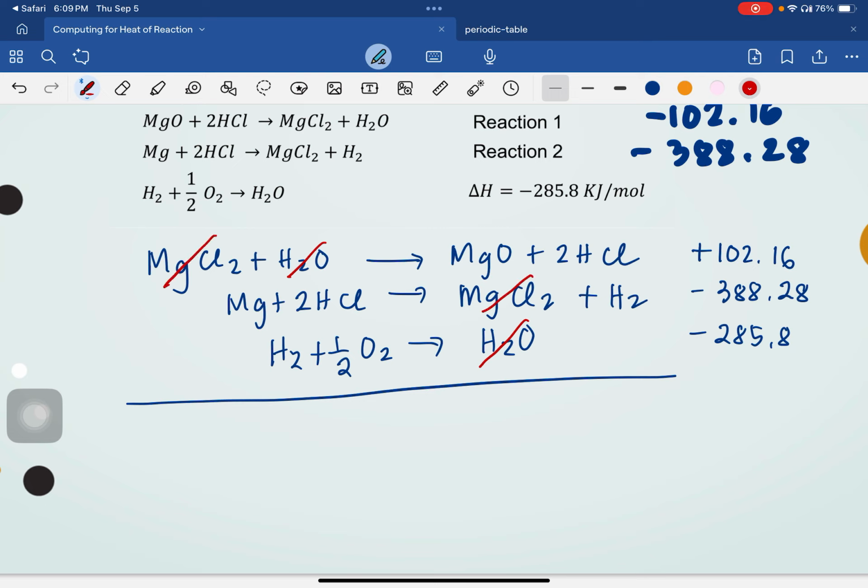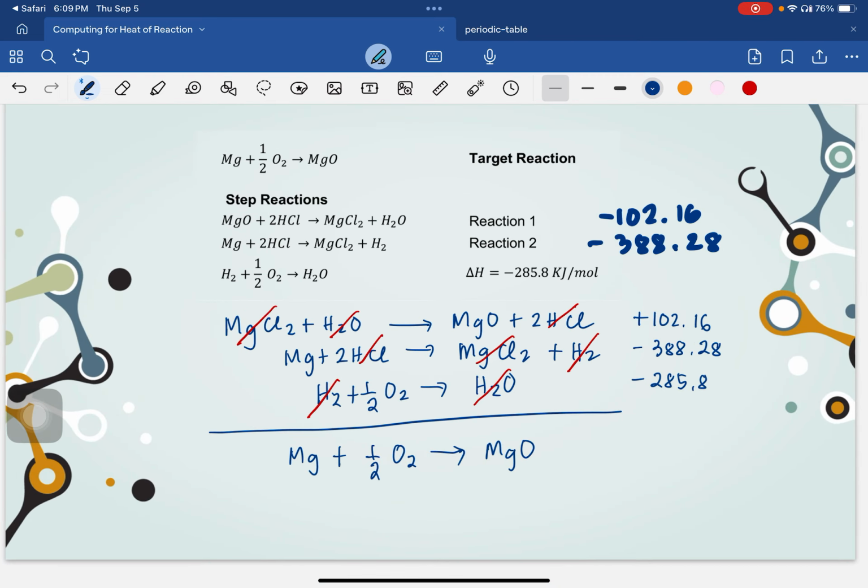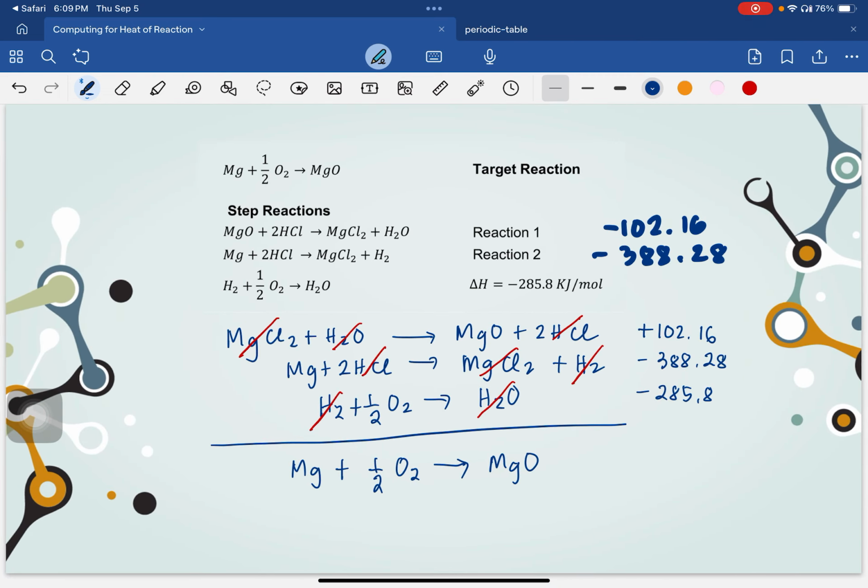And then what else can we cancel? We have 2HCl. And what else? H2. There you go. Now we're left with Mg plus 1 half O2 yields MgO, which is the target reaction that we're looking for. Okay, they're the same.